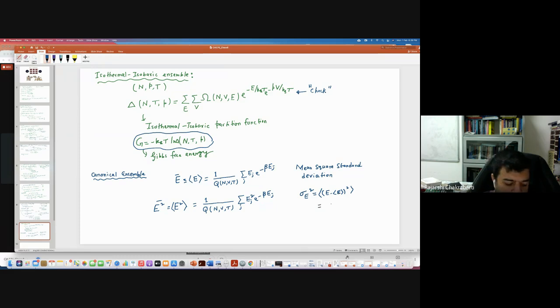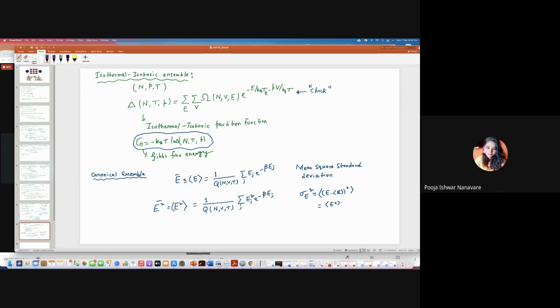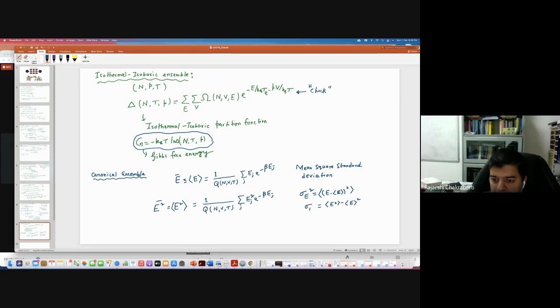And if you expand this, we have done, this is nothing but E square average minus E average square. Okay? It's not very difficult.